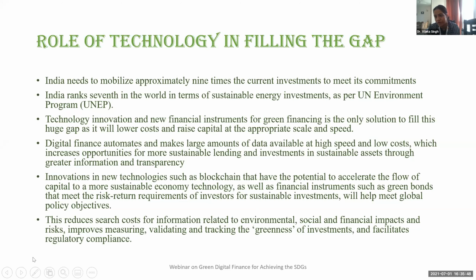Technologies like artificial intelligence, blockchain, and the Internet of Things are being used, because they reduce the cost for the producers as well as the consumers, right? So it is a solution which will lead us to meet the sustainable development goals.